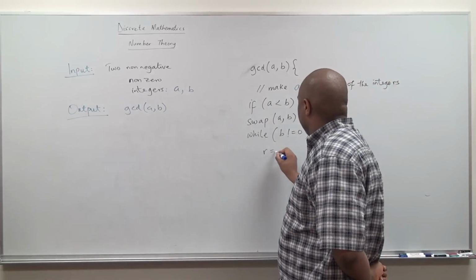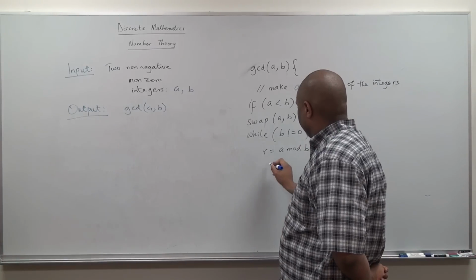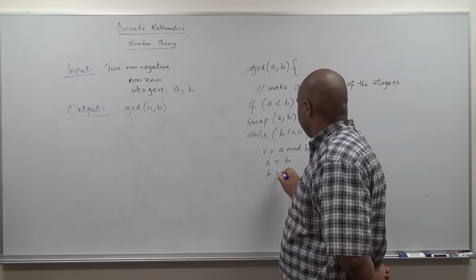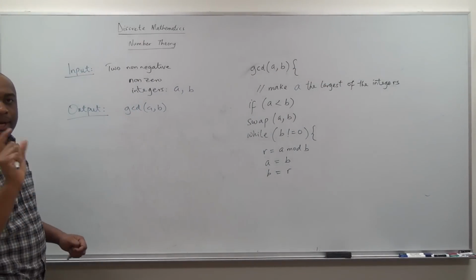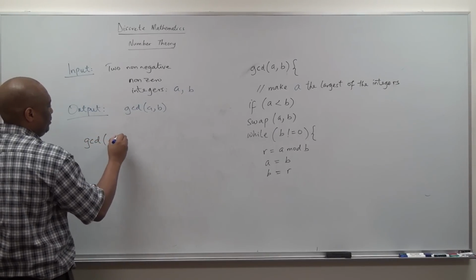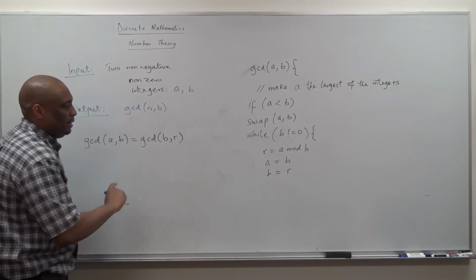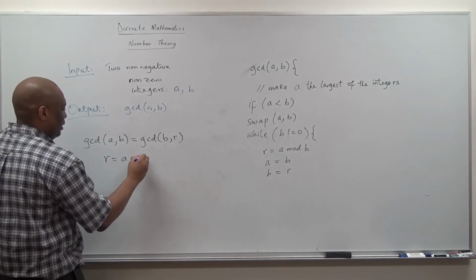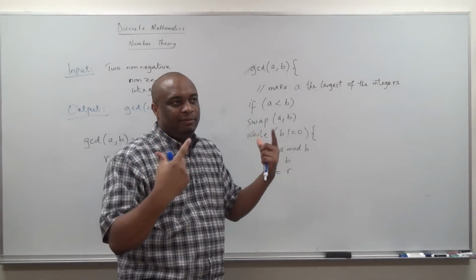Your remainder R is equal to A mod B. Your A becomes B. Remember, A becomes B and B becomes R. Remember that the main thing with the Euclidean algorithm is that GCD of A and B is the same as GCD of B and R, where R is equal to A mod B, the remainder after you divide.